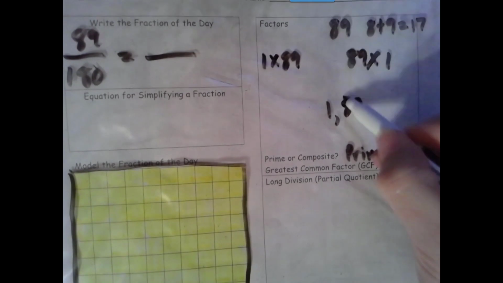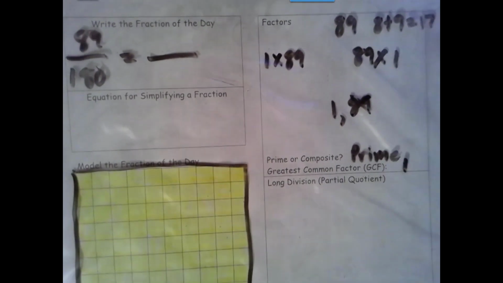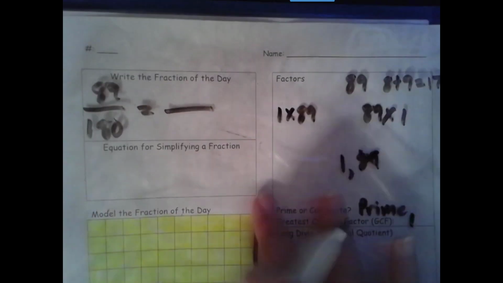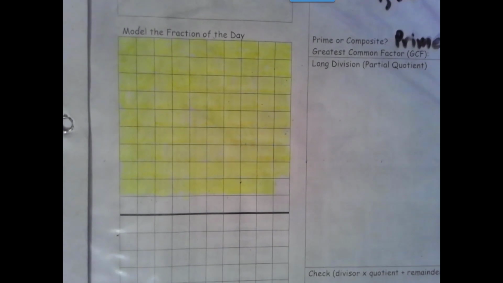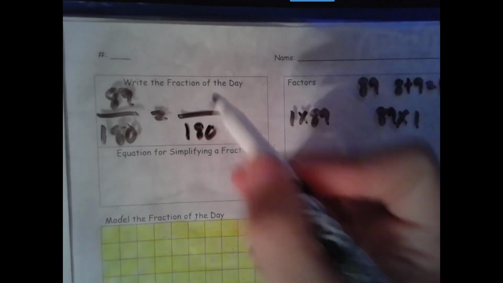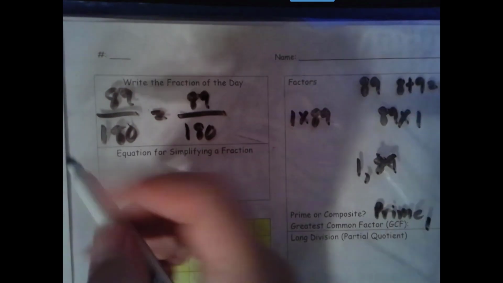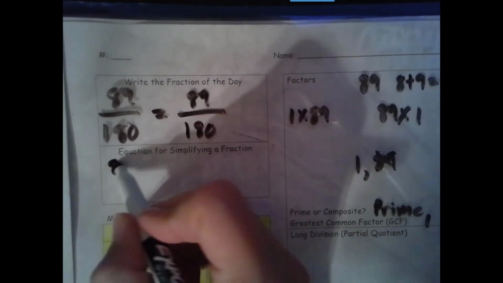So that means that 89 is not our greatest common factor. So that means 1 is. So let's go ahead and make our groups of 1. Done. How many total groups of 1 do we have? We have 180. How many are shaded in? 89. Now we still want to prove it with our algorithm.